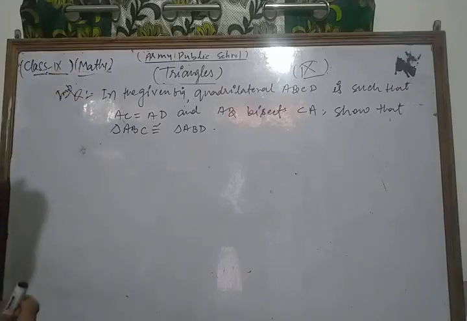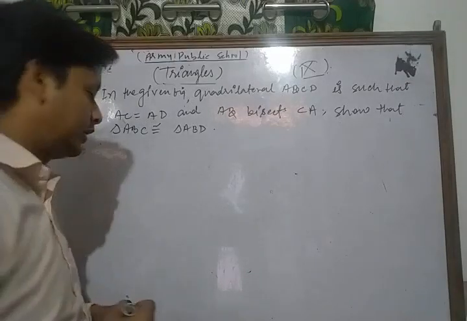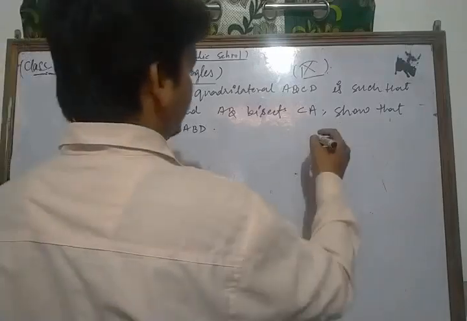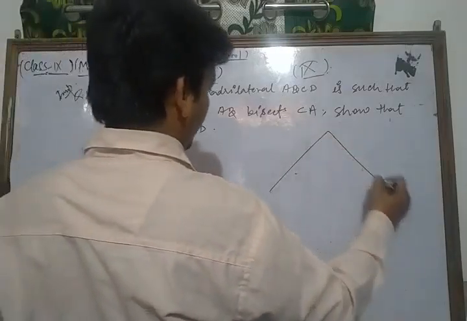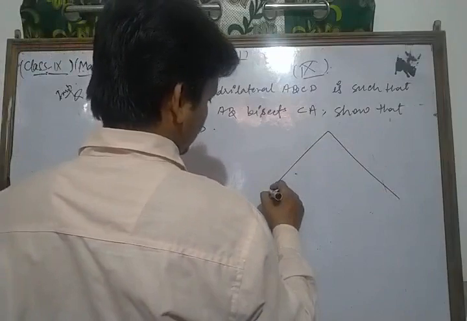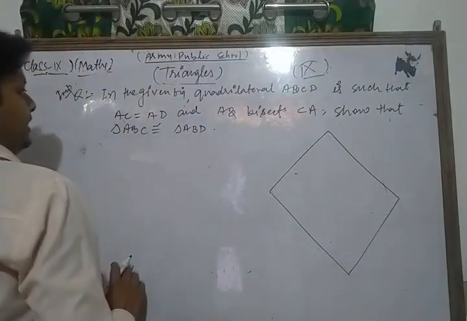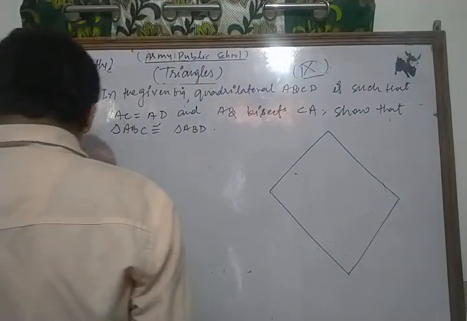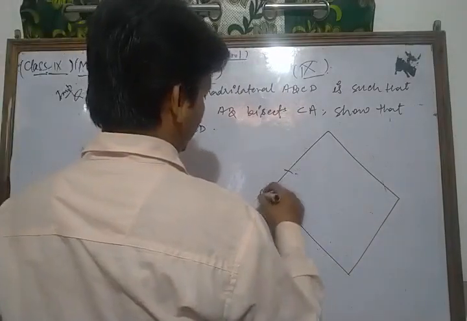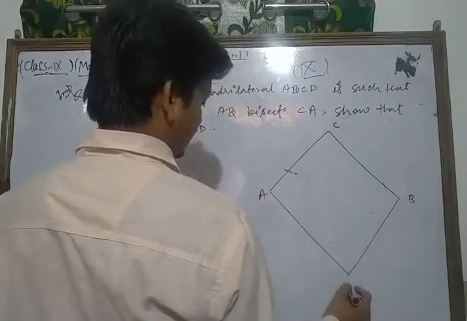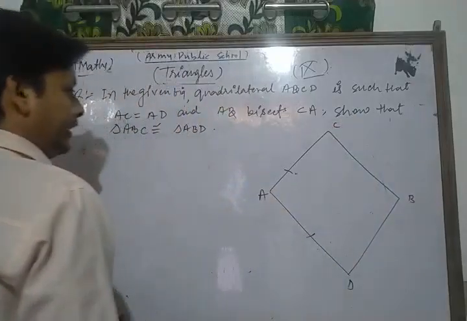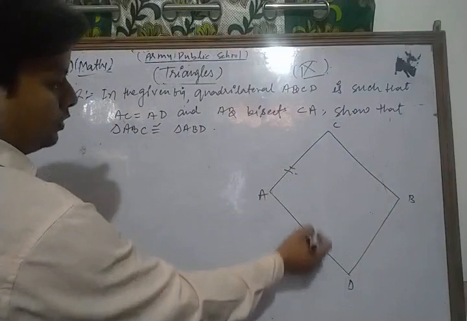In the given figure, a quadrilateral ABCD is there, such that AC is equal to AD. Now this is A, B, C, D. AC is equal to AD, meaning that side is equal to that side.